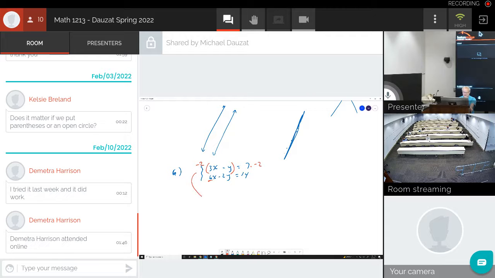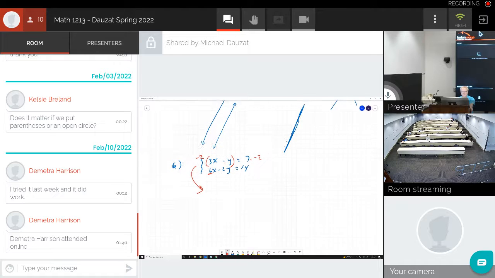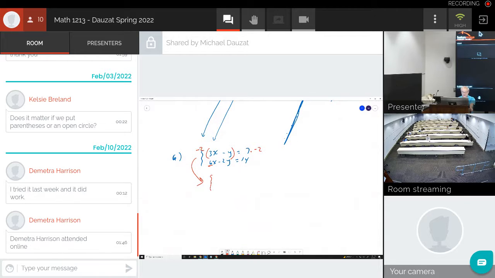All right, and so now when I distribute, I get -2 times 3x is -6x. -2 times the negative y is a positive 2y equal 7 times negative 2 is a negative 14. And then 6x minus 2y equal 14.